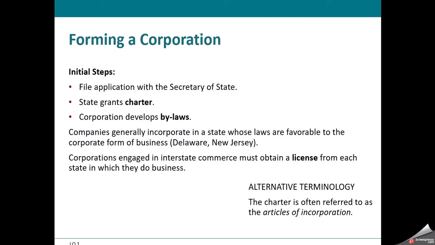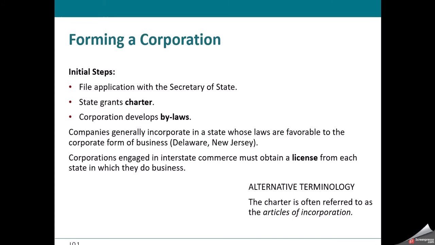So how do we form a corporation? We realize that the advantages outweigh the disadvantages, and so many big businesses are corporations. So they file an application in the specific state that they want to. Again, it could be the state that they operate in. So say you're not a huge corporation and you're in Ohio, chances are you're going to file in Ohio.